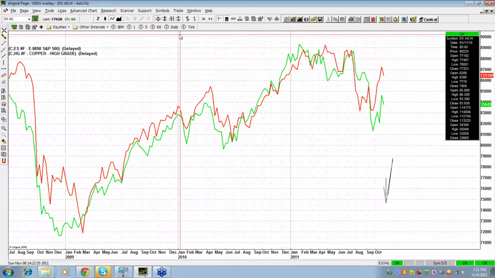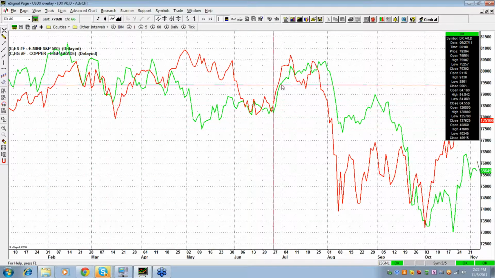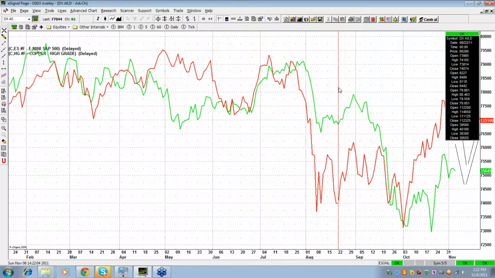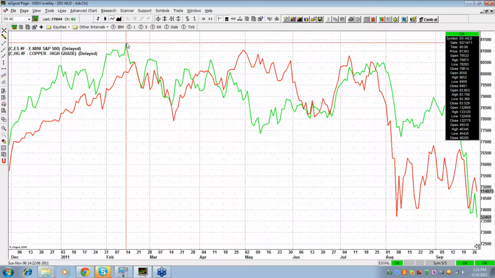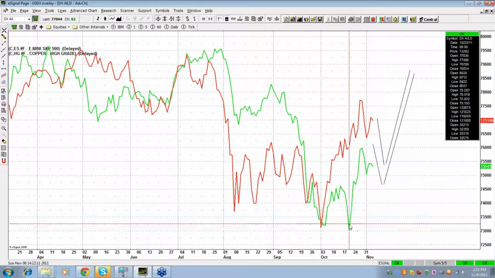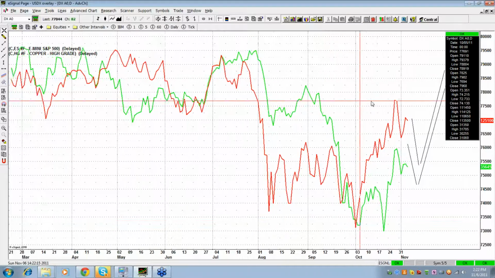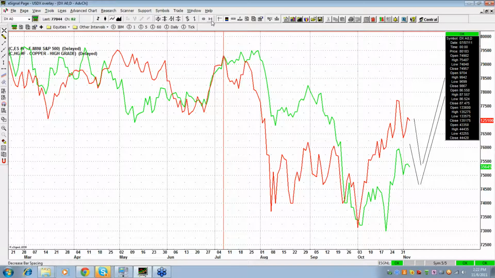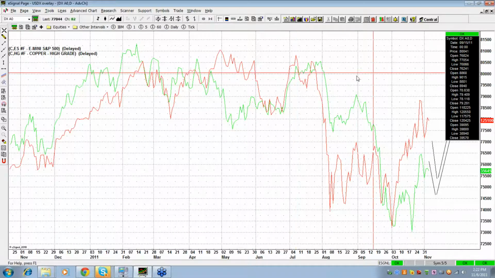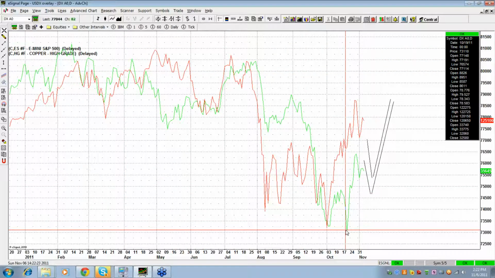Now, copper, going back to the daily, you can see that from the top right here, it did a three-wave move to the downside in the form of a flat. Now, copper is supposed to be correcting this whole wave.